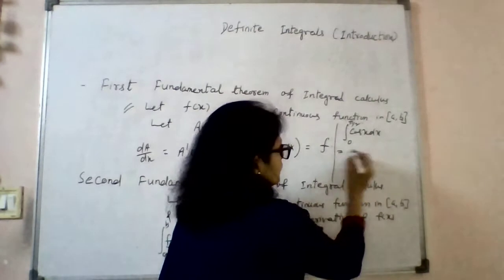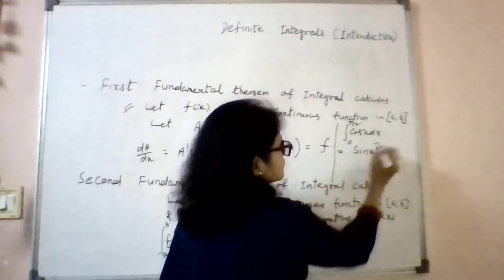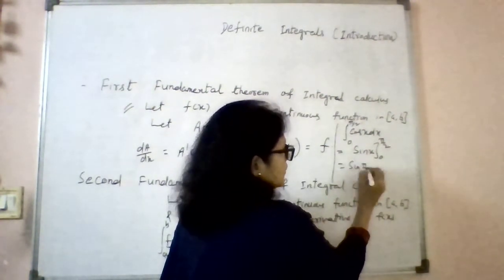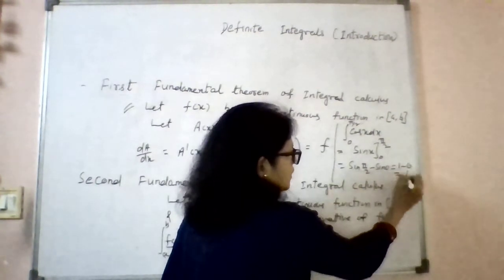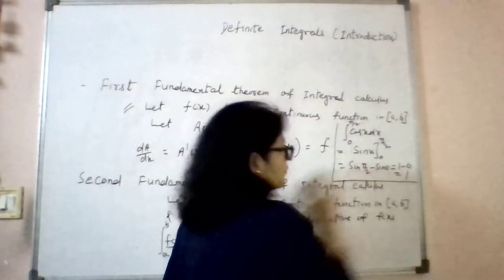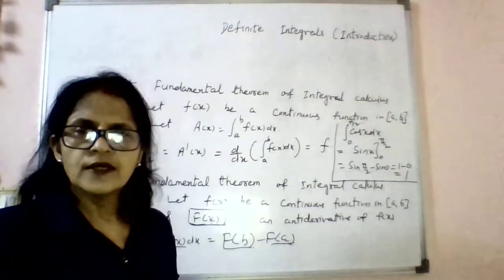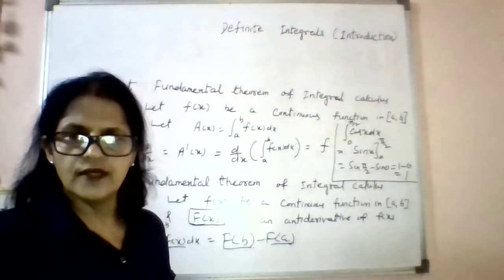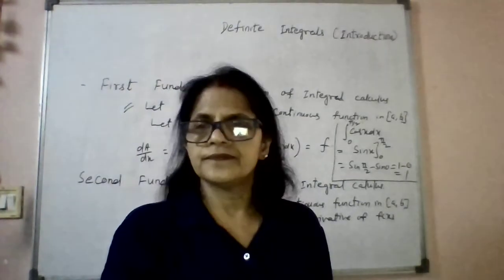So we write sin x from 0 to pi by 2, which is sin pi by 2 minus sin 0, that is 1 minus 0, equal to 1. One thing you can observe: in the case of a definite integral, we do not consider the constant of integration.